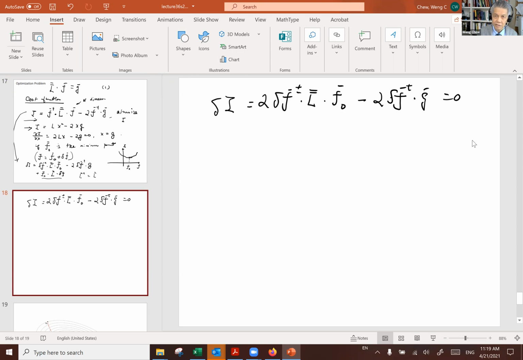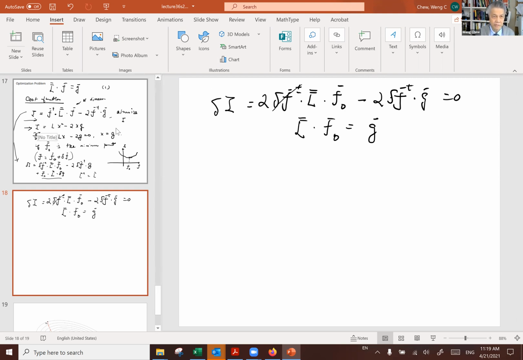And now if you solve this equation, this would cancel each other. And you have this being true. Which means that the minimum point of this cost function is in fact the solution to this equation. So instead of solving this equation directly, you find ways to minimize the cost function.